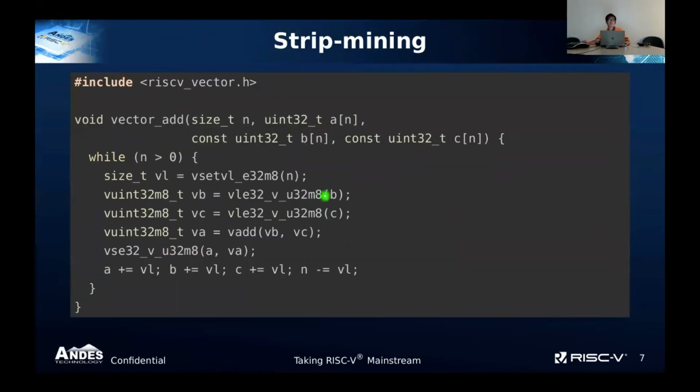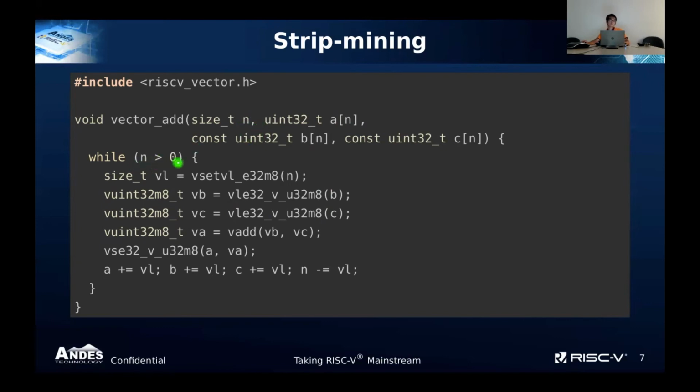Okay, so now this is an array add example, from the B array and the C array into the A array, and all of these three arrays are of size n. If we want to vectorize this loop with strip-mining RVV, first of all, we need to know the number of elements we need to process, which in this example is n.